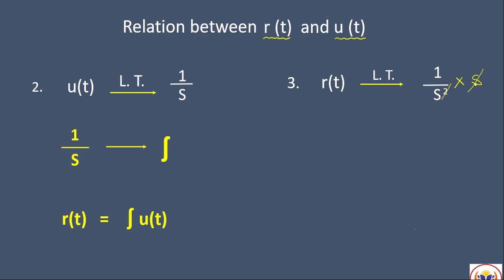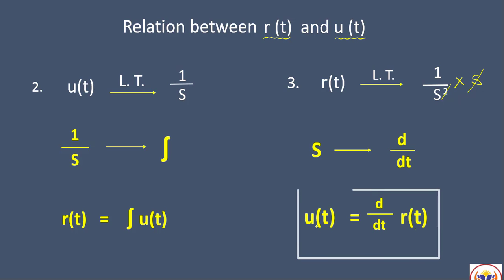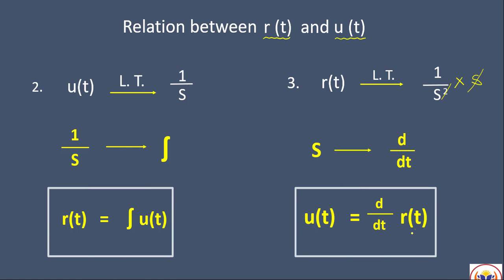Again the significance of s is the derivative, d by dt. So u of t is obtained by differentiation of the ramp signal r of t. These are the basic relationships between the impulse, step and ramp signals.